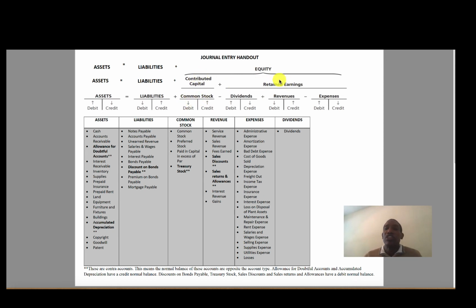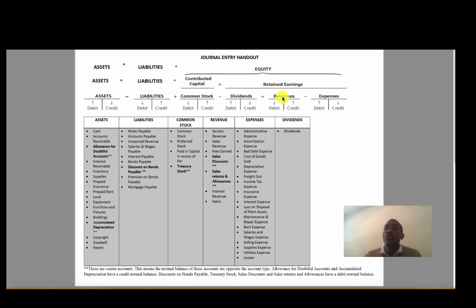Well, what is retained earnings? Retained earnings is the amount of net income that you keep. Remember, net income is revenues minus expenses. So you take the revenues minus the expenses, you get net income. And then dividends, you'll see this later on, is whenever you decide to give money to the shareholders.